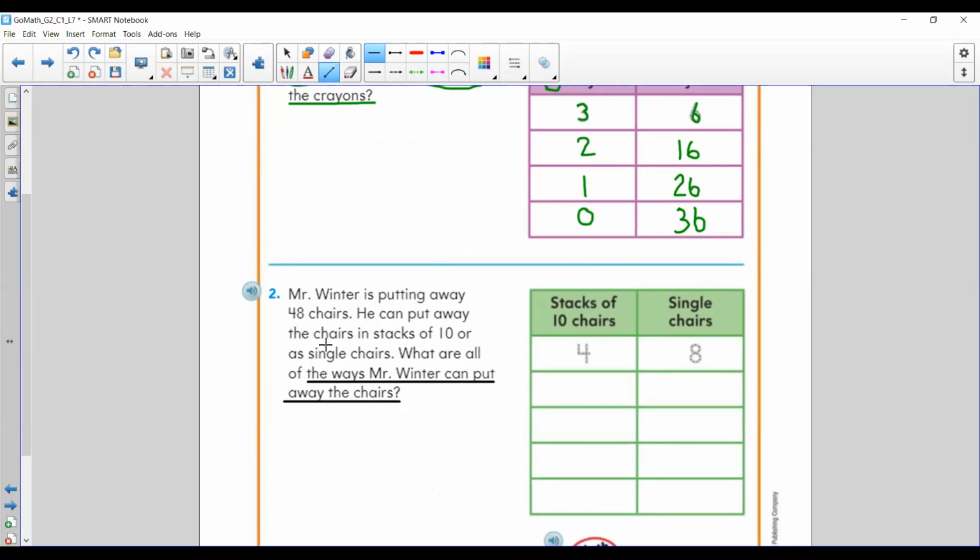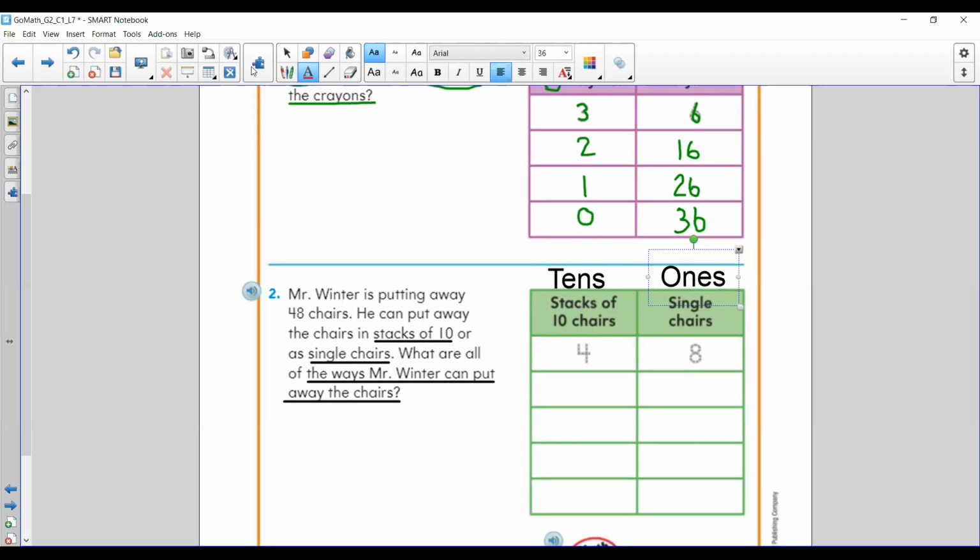Well, he can put the chairs in stacks of 10 or as single chairs. And if we look at our chart, this is the 10s, stacks of 10 chairs, and this is the 1s, single.